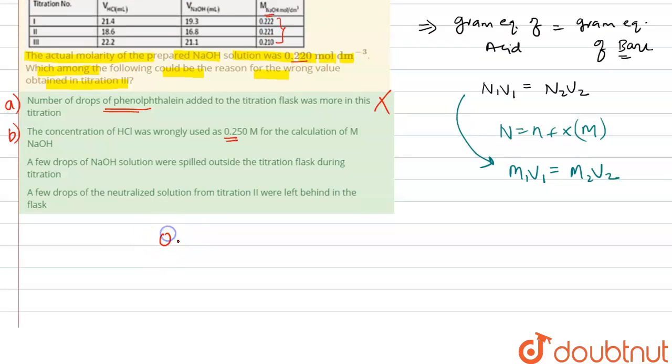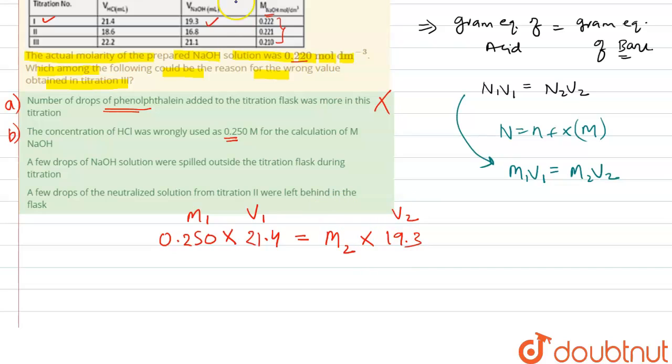Here we have 0.250 into the volume. Let's consider the first titration, 21.4 volume of HCl. So this is our M1 and V1, which will be equal to M2, which we have to find out, and V2, which is 19.3.